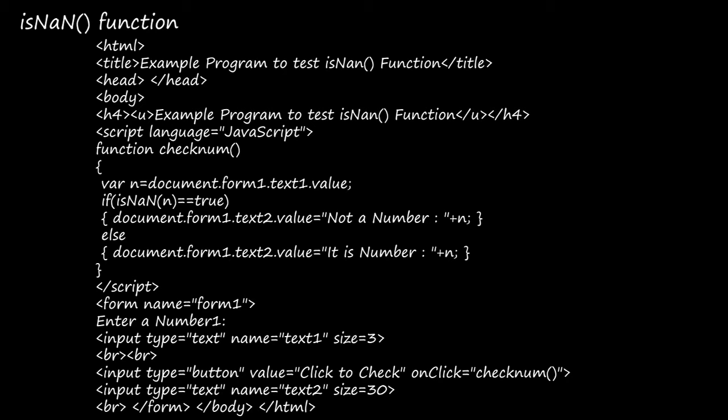Else, if this value is not true, the else part will be executed. Here in the else part, document dot form1 dot text2 dot value is equal to "it is a number". This will be displayed, and the number also will be displayed in the output section.